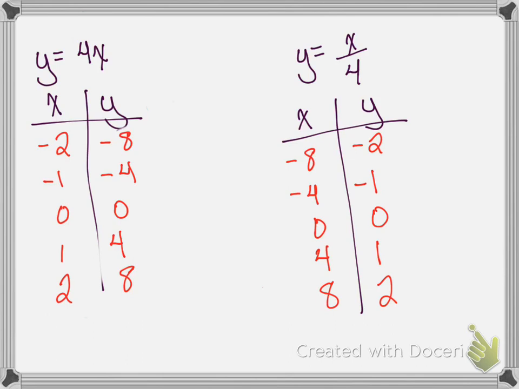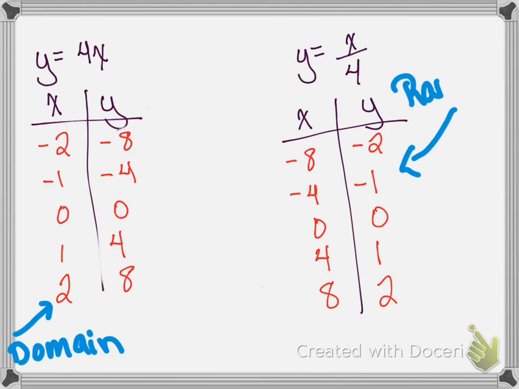So this is a very important part of inverse functions. When I have inverse functions, the domain of my original function becomes the range of my inverse. And that's going to be super important.